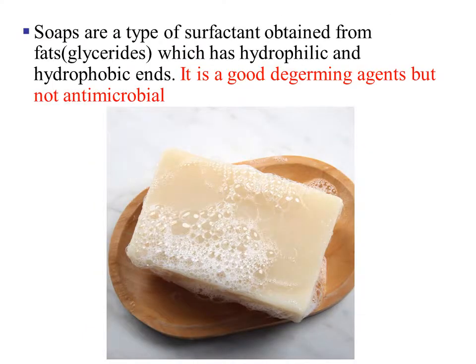Soaps are a type of surfactant that is obtained from animal fats. The specific fat is a glyceride, and it has a hydrophilic and a hydrophobic end. These soaps are good at degerming, but not good at killing the bacteria.